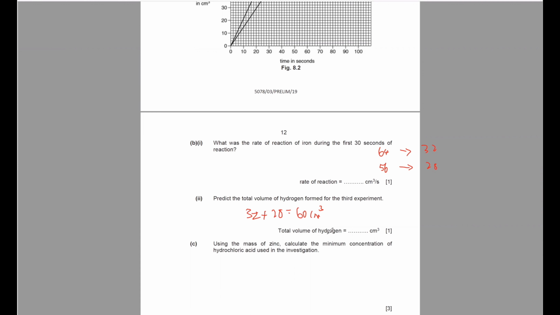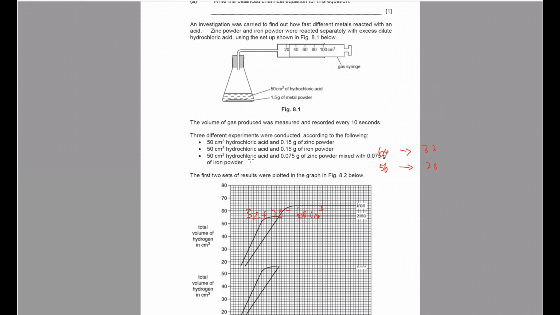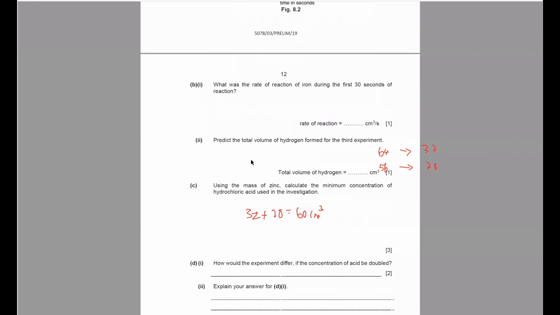Then part C. Using the mass of zinc, calculate the minimum concentration of the acid used in this investigation. So we have to write out the equation again. So zinc plus HCl gives you zinc chloride and hydrogen gas.